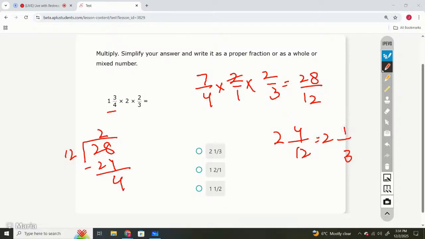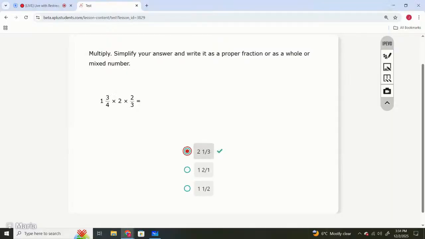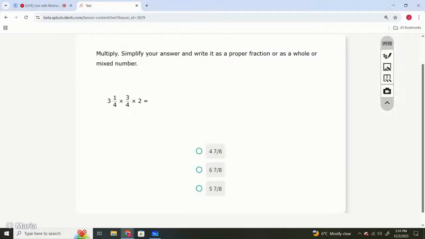That is 2 whole 1 by 3. The correct option is 2 whole 1 by 3. Option number 1 is the correct option.